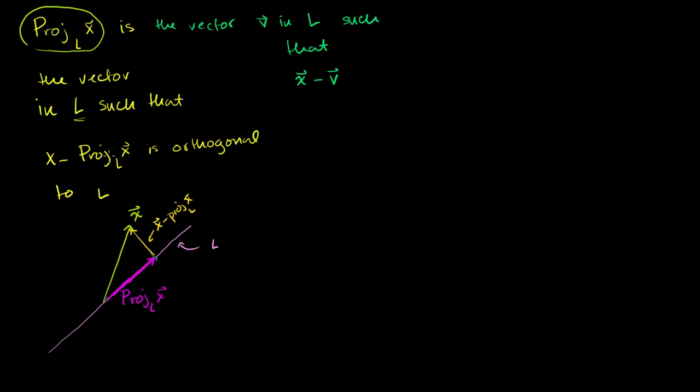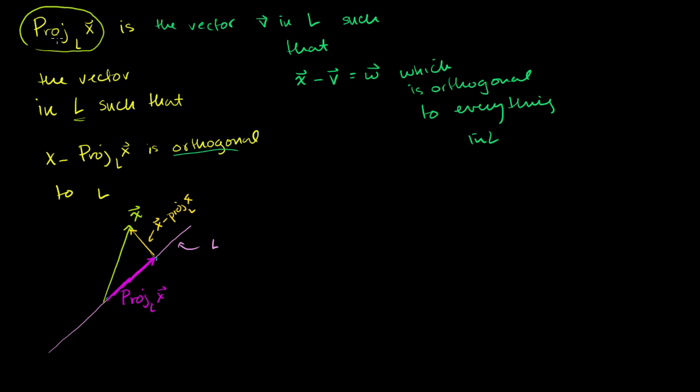X minus the projection onto L, is equal to w, which is orthogonal to everything in L. Being orthogonal to L literally means being orthogonal to every vector in L. So I just rewrote it a little bit differently.